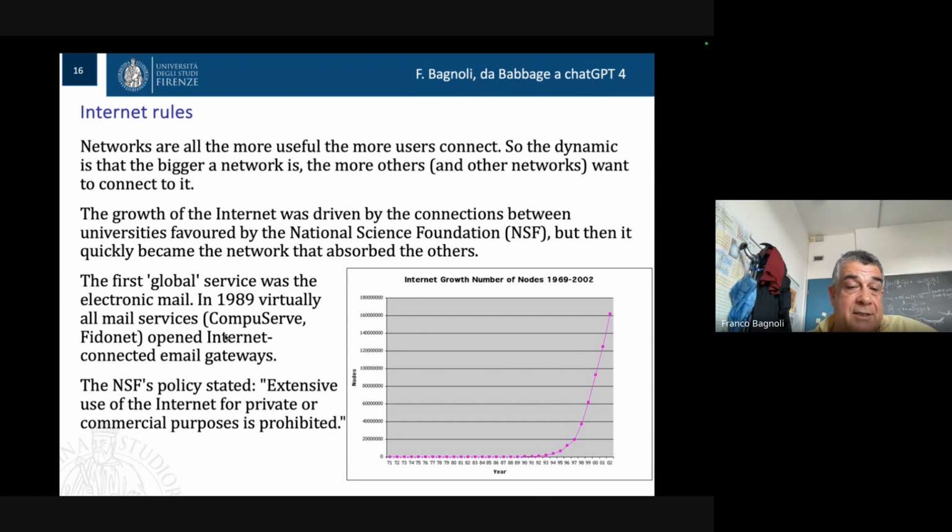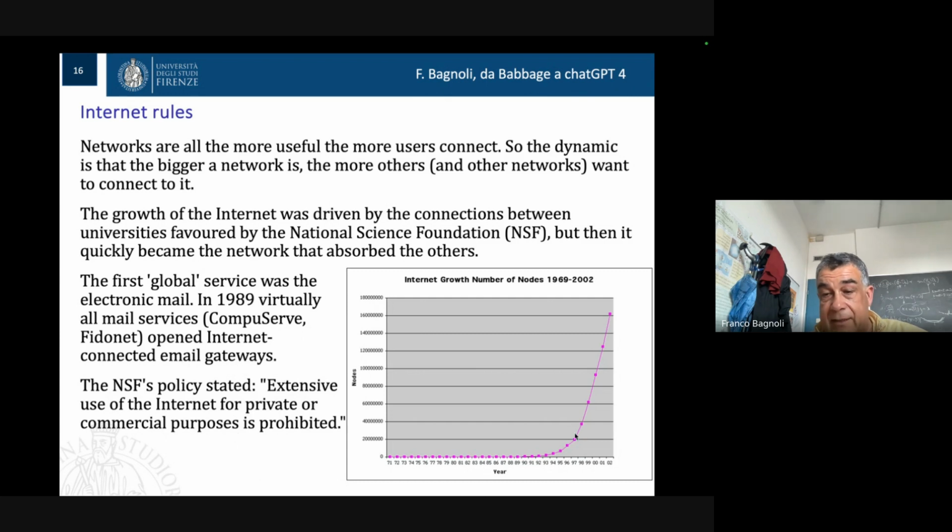And so essentially this is also why the internet at the end was used. Even though you can see that still in the 80s, the National Science Foundation policy, which funded essentially the build of the internet, still permitted to use it for private or commercial purposes.